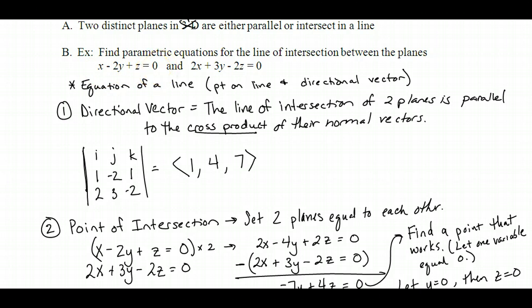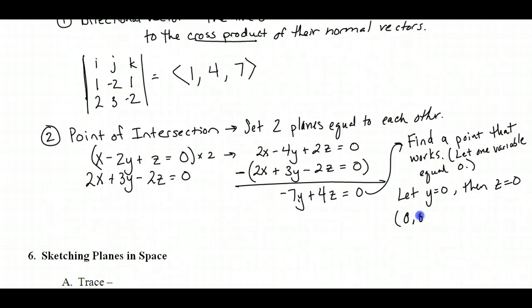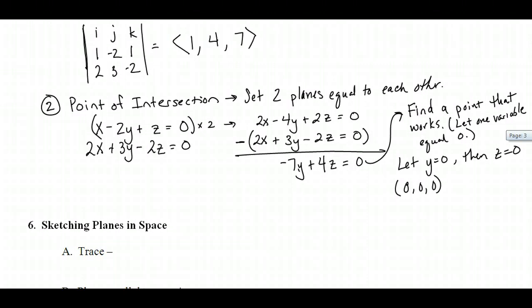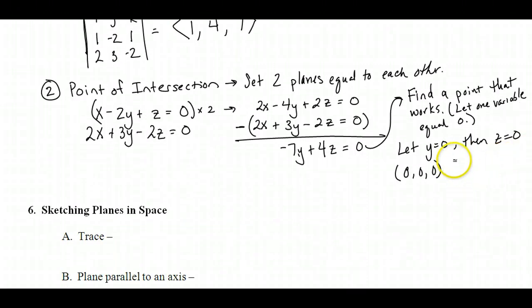That point, so now I have 0, 0, 0, which is pretty unique. Does it work on both of your planes? If I plug in 0, 0, 0, does it equal 0? Obviously. Plug in 0, 0, 0, that one equals 0 as well. So check to see if the point works on both planes.